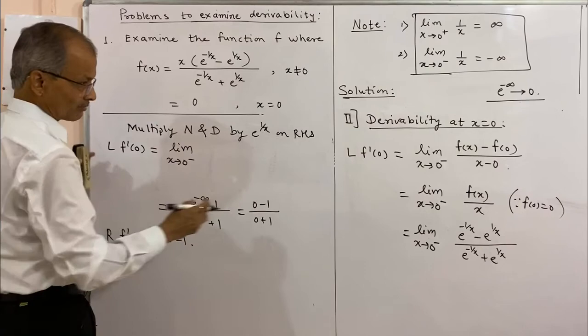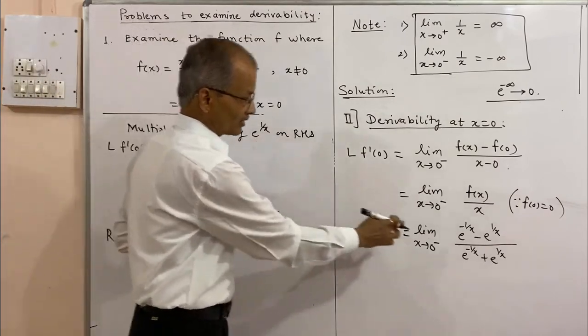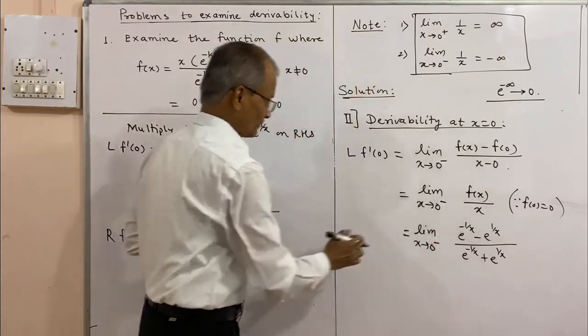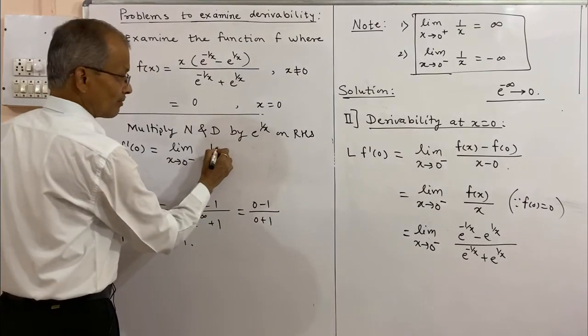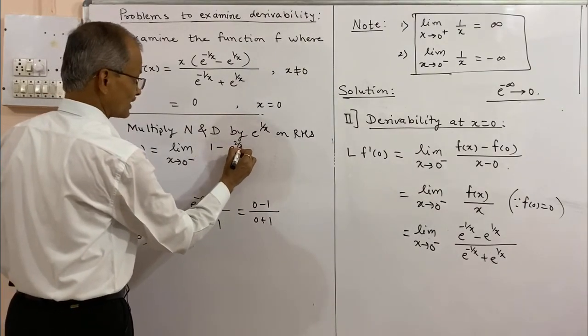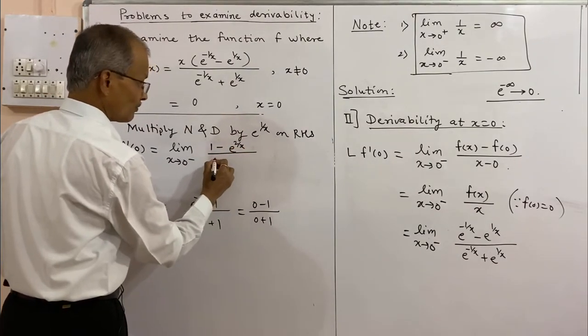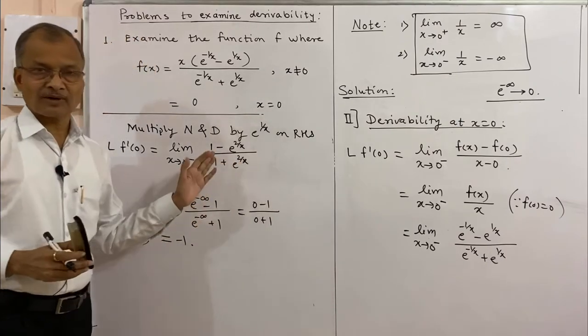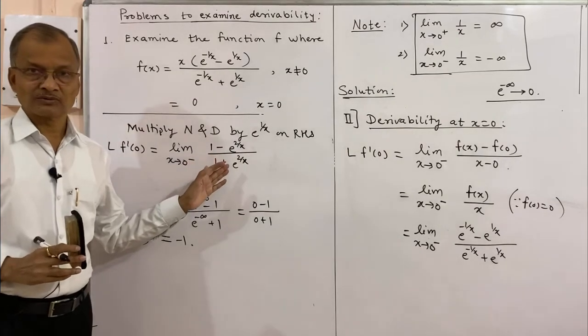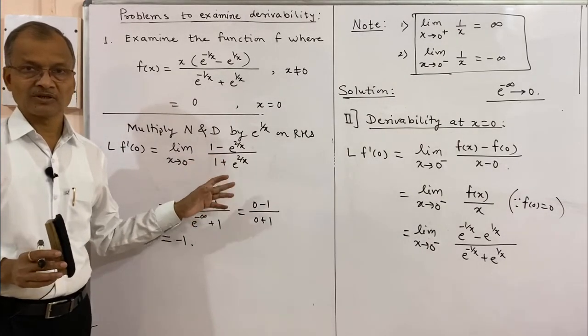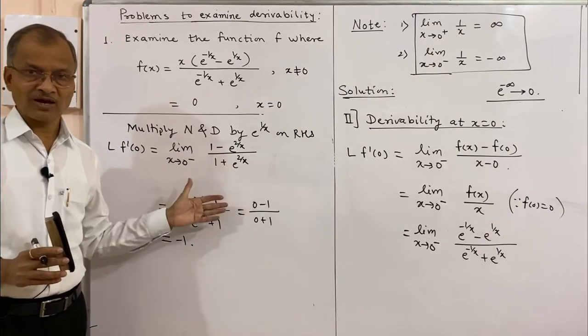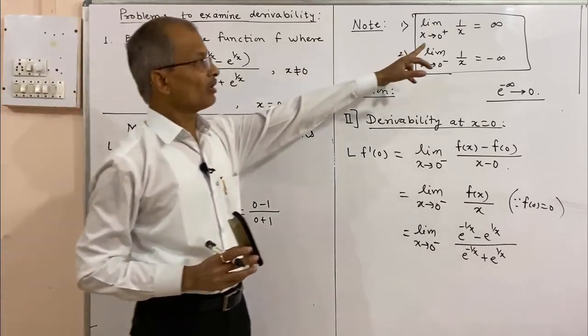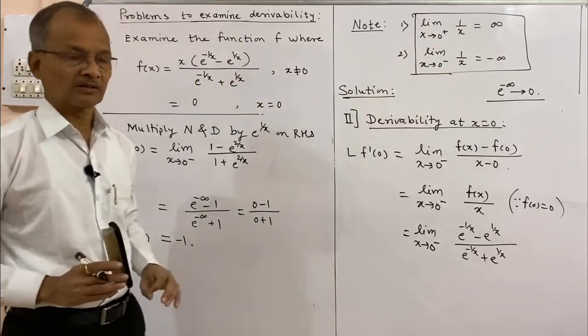We have considered multiplication by e raised to 1 by x, it is 1. Now that will be 1 minus e raised to 2 by x divided by 1 plus e raised to 2 by x. Laws of indices we have to use. You should verify these steps yourself, how we have multiplied and why we have multiplied, because we want to use these results.